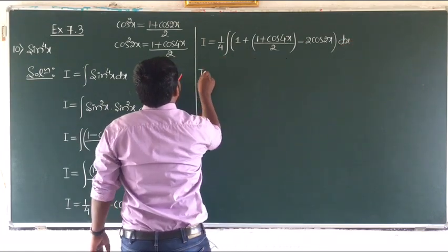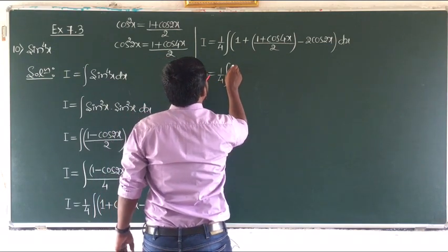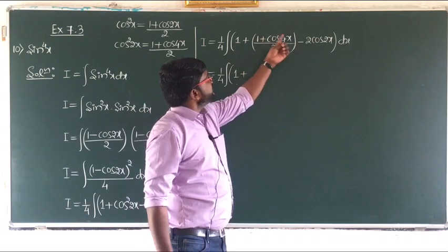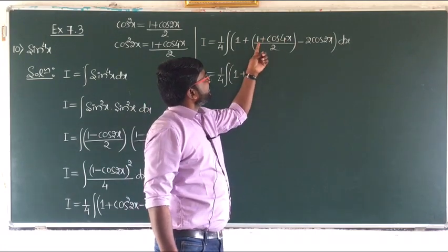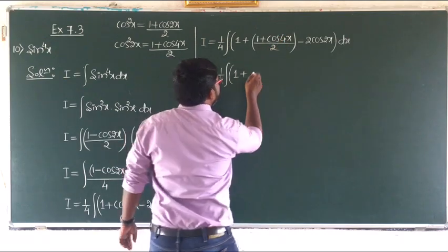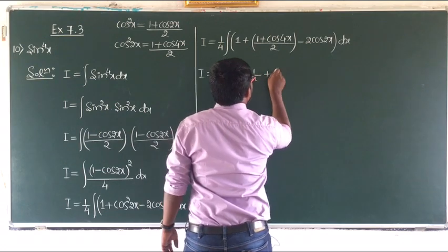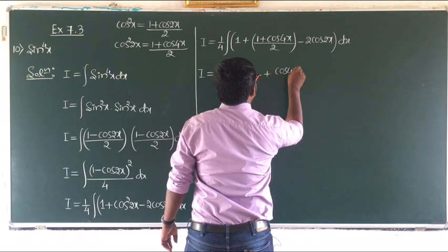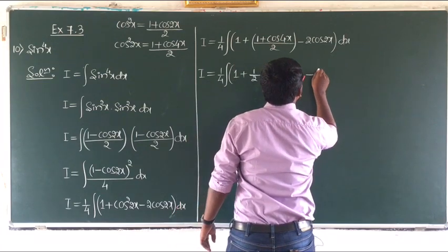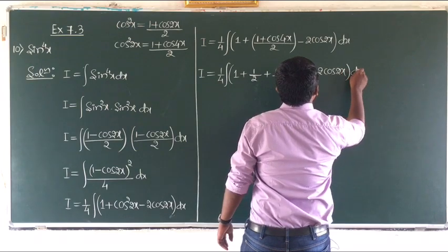So now I is equal to 1 by 4 as it is, then the integral. So it is 1 plus, so here this can be written as 1 by 2 plus cos 4x by 2. Split the term now. So we get 1 by 2 plus cos 4x divided by 2 minus 2 cos 2x then dx.